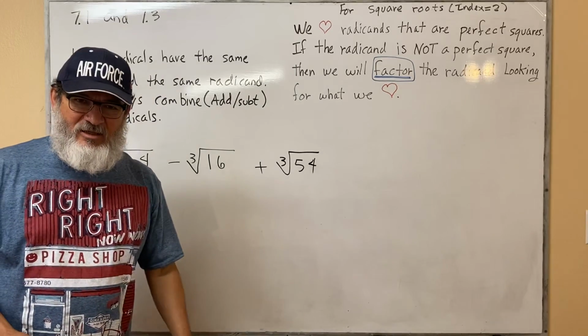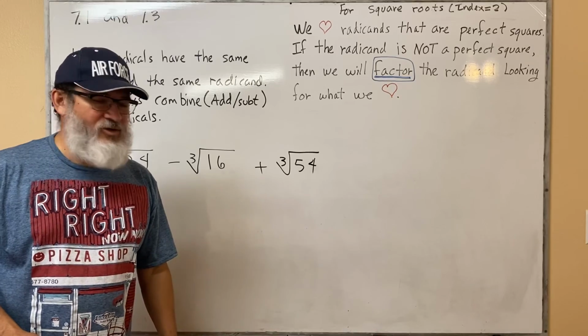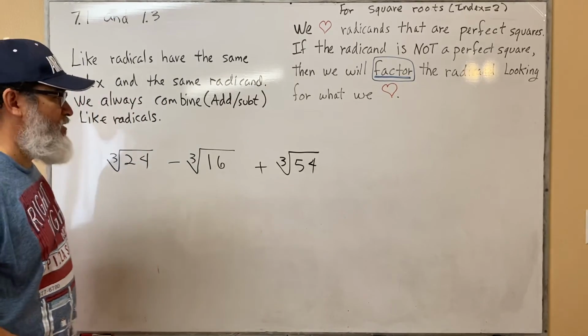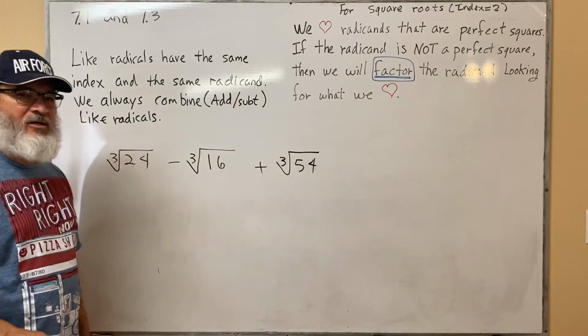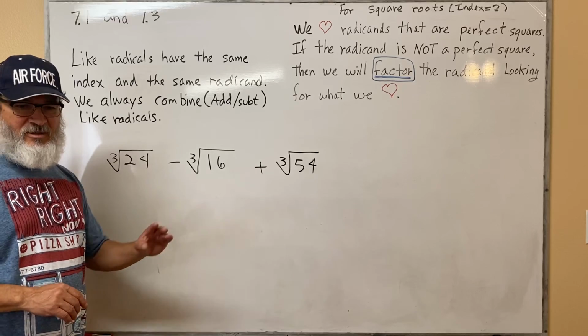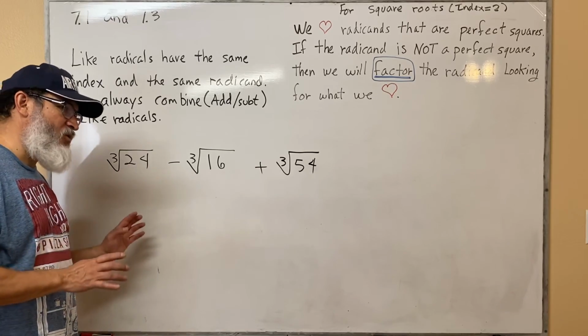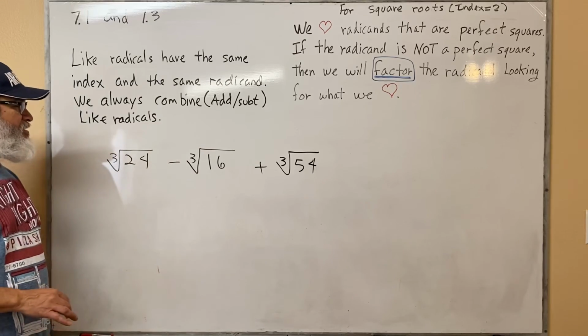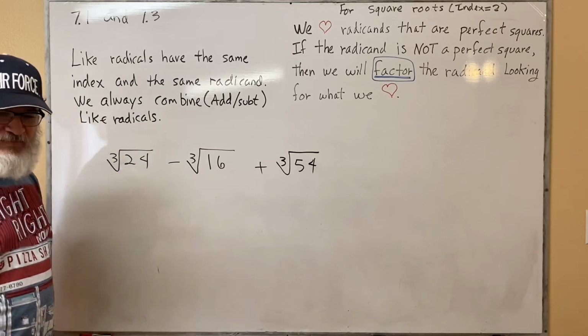And what's the answer? You can't judge yet. Don't judge. Do not judge before simplifying the radicals. Once you simplify the radicals, then you can judge. Okay. So let's simplify first.